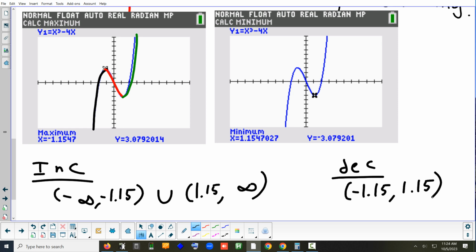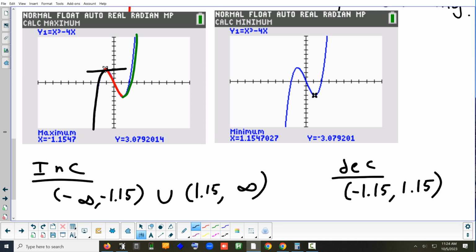You can go to there, but right there the slope is flat. The slope would be considered 0 at the maximum. So anything below that would be on the left side increasing or on the right decreasing. So there's a change in the sign of the slope there. You go from a positive slope to a negative slope, and right at the maximum, it's a 0 slope. That's why we don't include it.